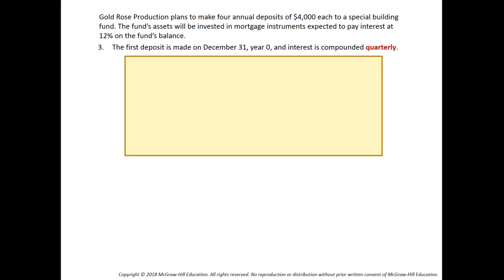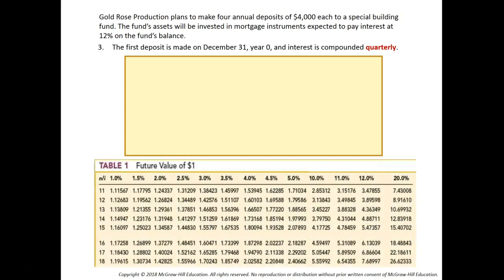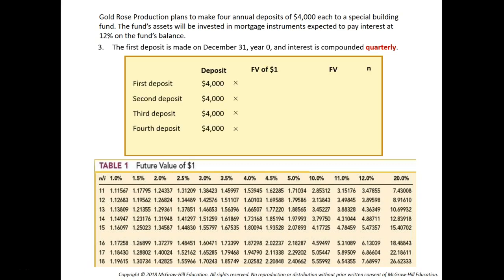Next, the first deposit is paid at the very beginning, year 0, an annuity due, but the difference here is the interest is compounded quarterly. So instead of looking at 4 periods, we're going to look here at 16 periods, and instead of a 12% interest rate, we're going to be looking at a 3% interest rate here.